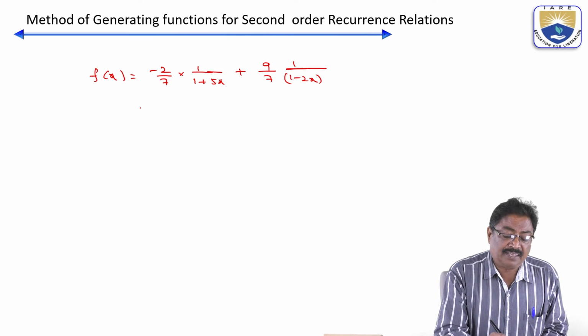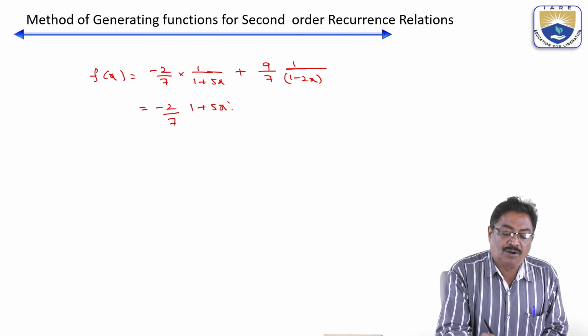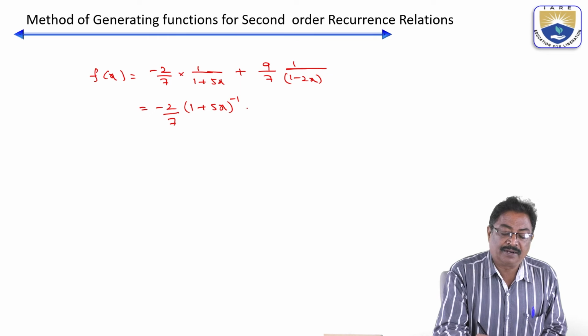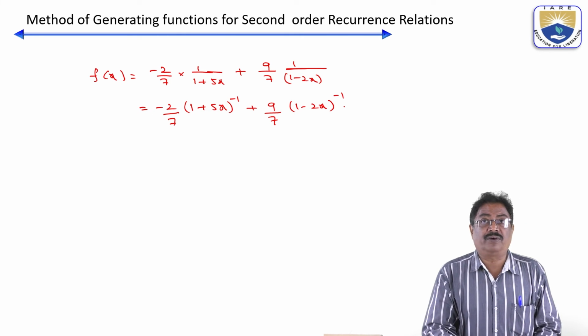We write this as minus 2 by 7 into (1 plus 5x) to the power of minus 1, plus 9 by 7 into (1 minus 2x) to the power of minus 1.